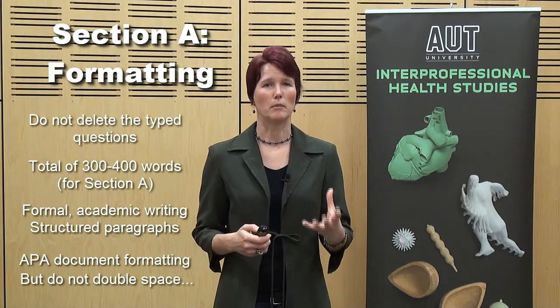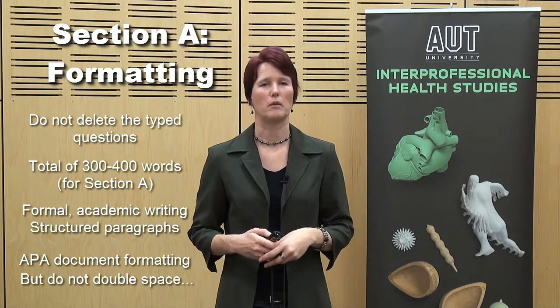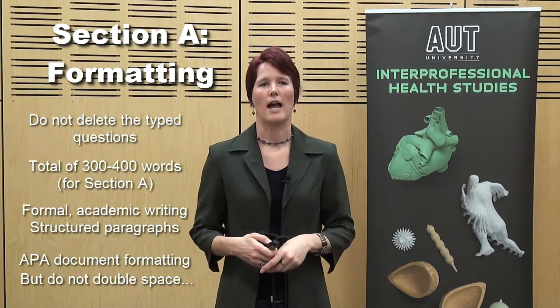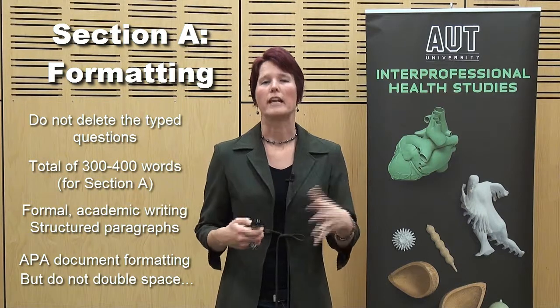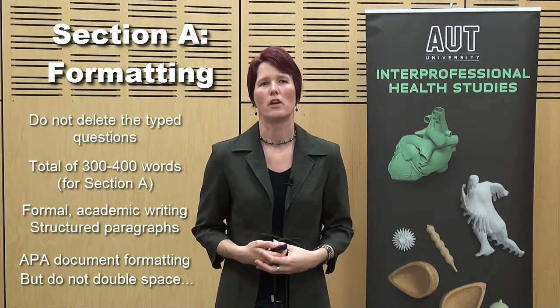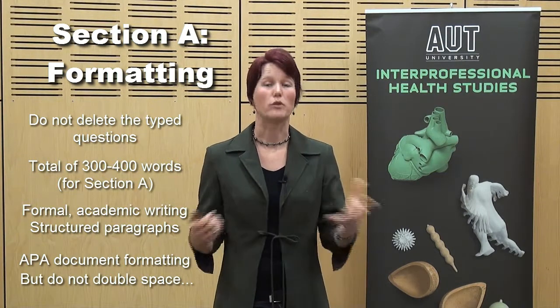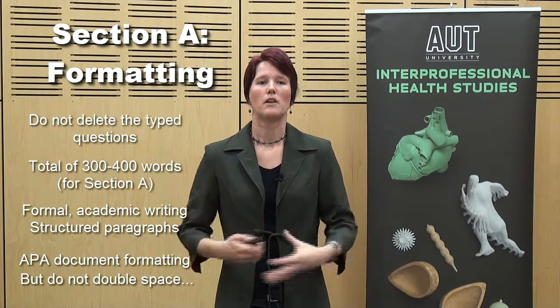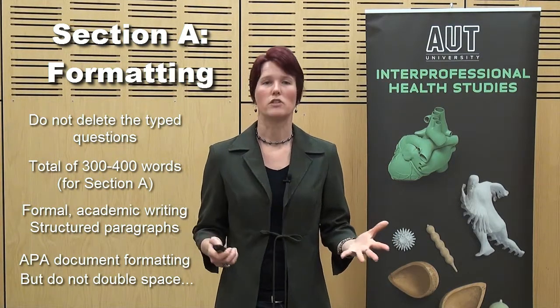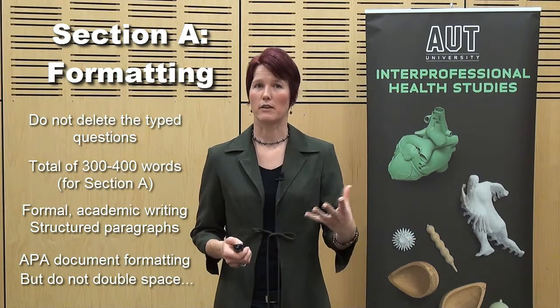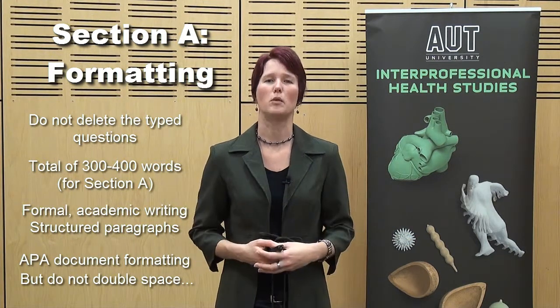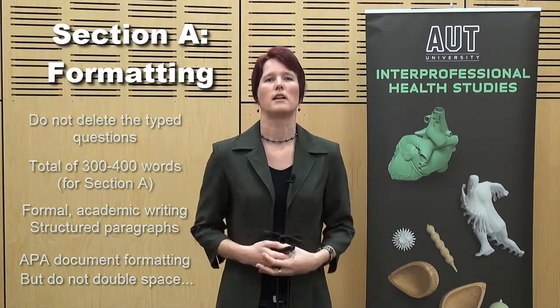You do not need to double space. In fact, double spacing this template will make it incredibly long. Other than that, it should follow the basic format of a document that we're planning to have you use throughout this semester. So those are the main considerations for putting together Section A of your EP1, and now we'll move on to discussing Section B.